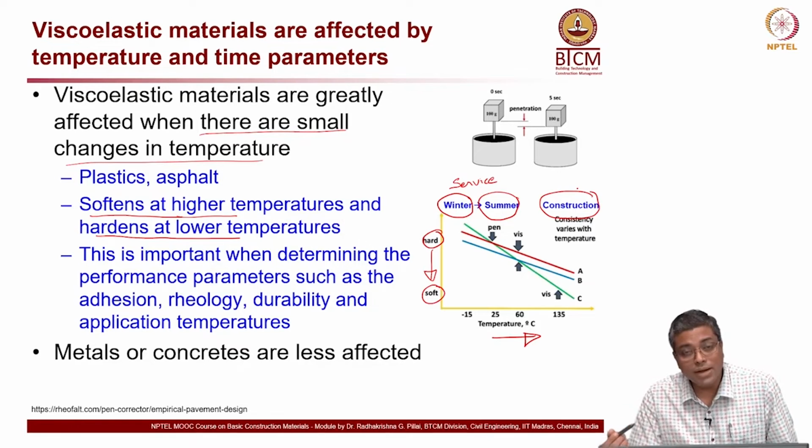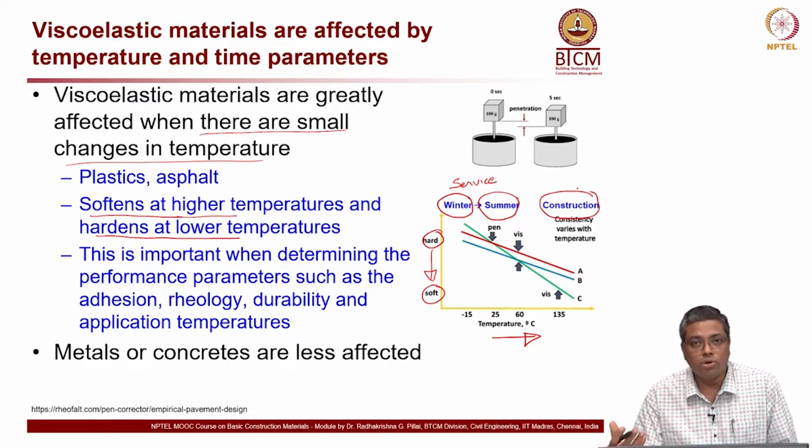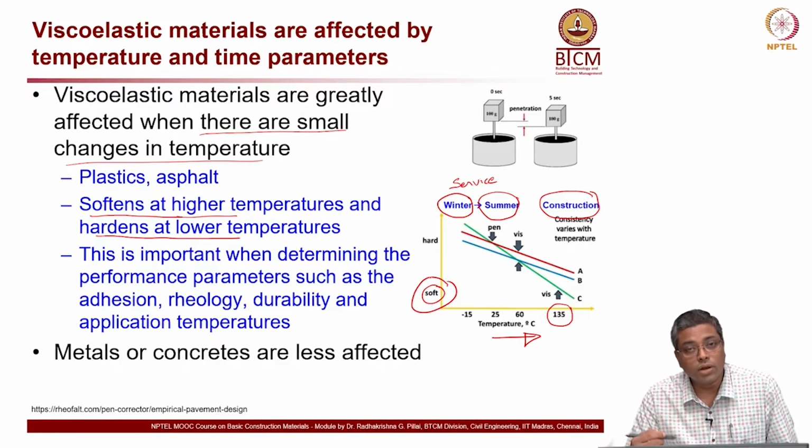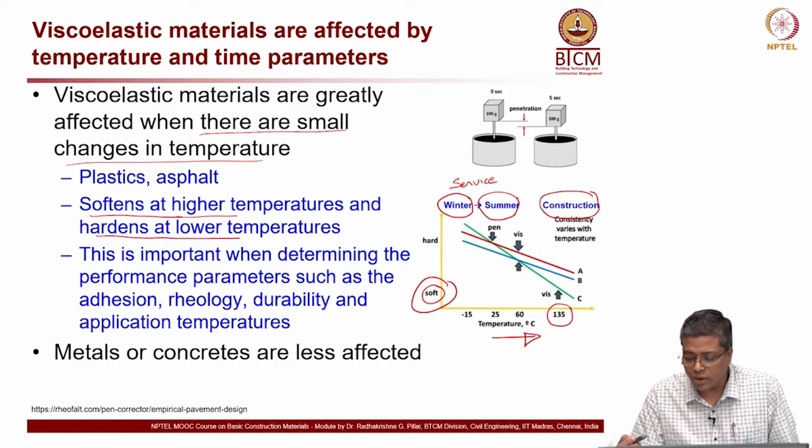You will be actually heating the asphalt or bitumen to make it flow during the construction, right. At that high temperature, the material will be very, very soft, it will flow easily, whereas in winter it will become very hard, okay.